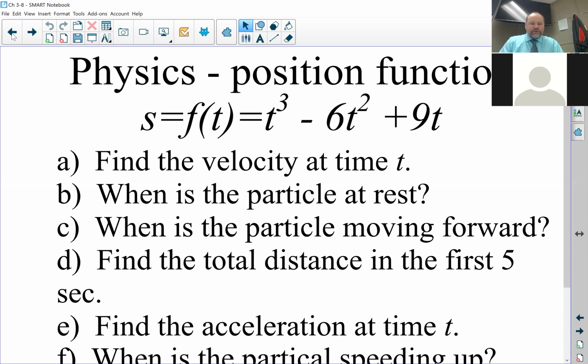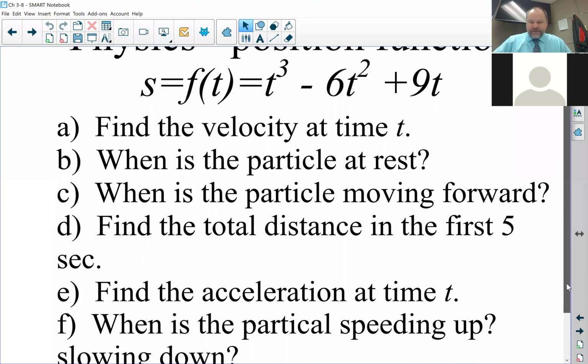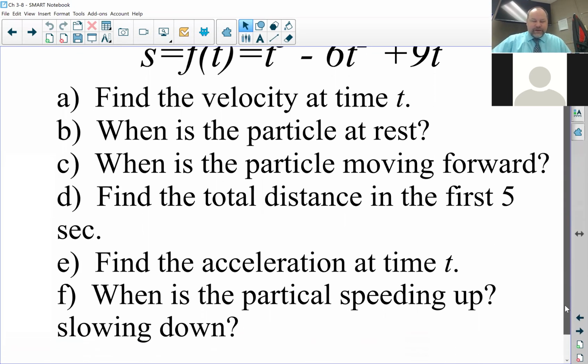We're going to find the total distance the particle travels in the first 5 seconds. We will find the acceleration at time t. And the last question, when is the particle speeding up and when is the particle slowing down, on what intervals? Very typical, you might see something like that on the AP exam. Now, if you haven't written all the questions down, that's okay. I've got them written down throughout the notes.